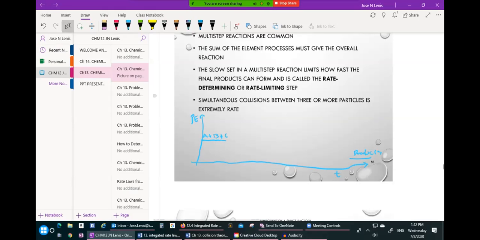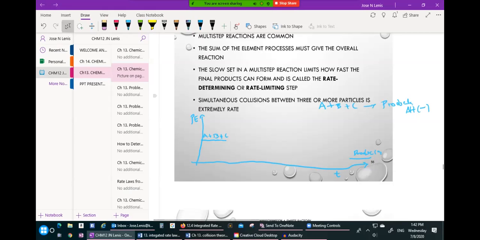And the reaction A plus B plus C to form product. And from here, just by looking at the graph, we can say this reaction is exothermic, because products have lower potential energy than reactants.